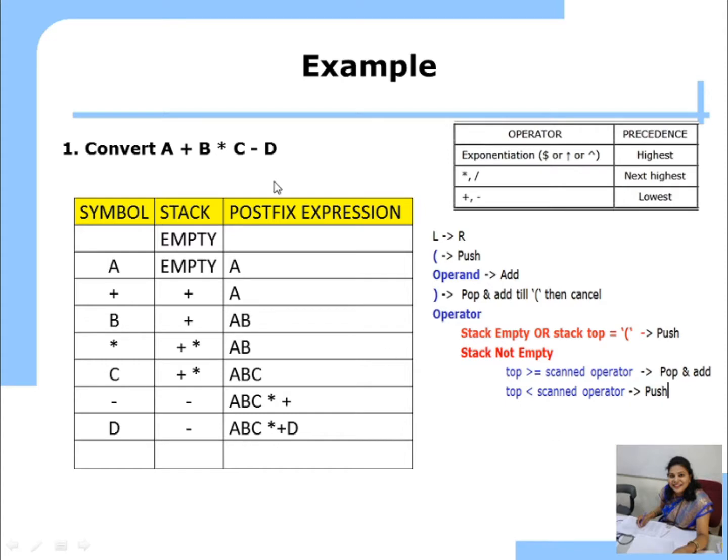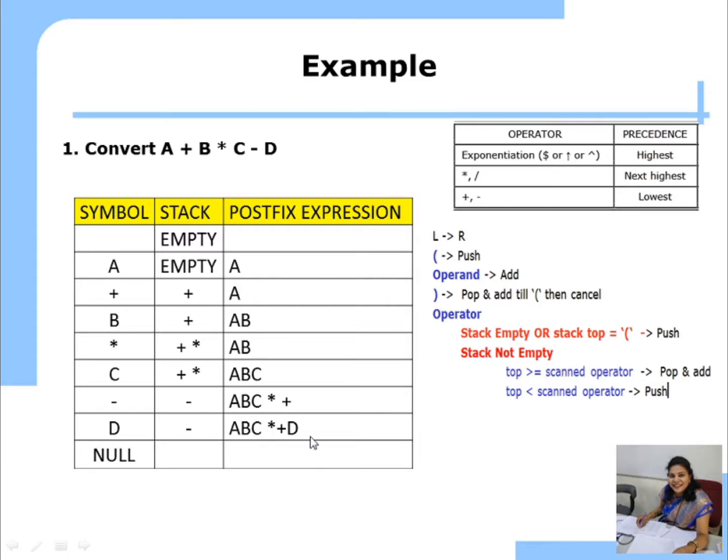After D, your input string is over. At the end of every string there is a null character. Whenever you encounter the null character in the input stream, you are going to empty the stack, by popping all the elements present on the stack and adding them to postfix. What is present on the stack? The minus sign.